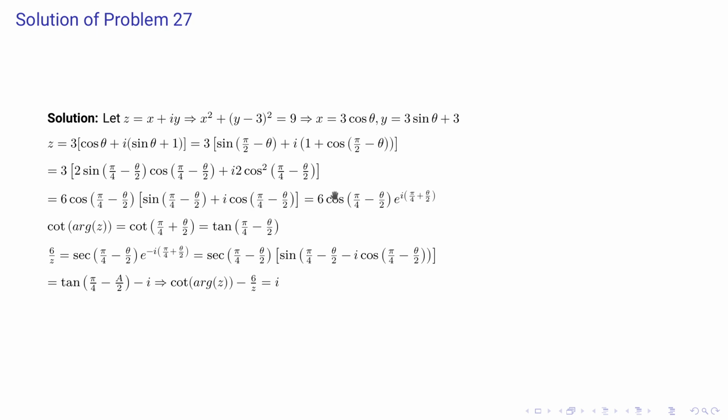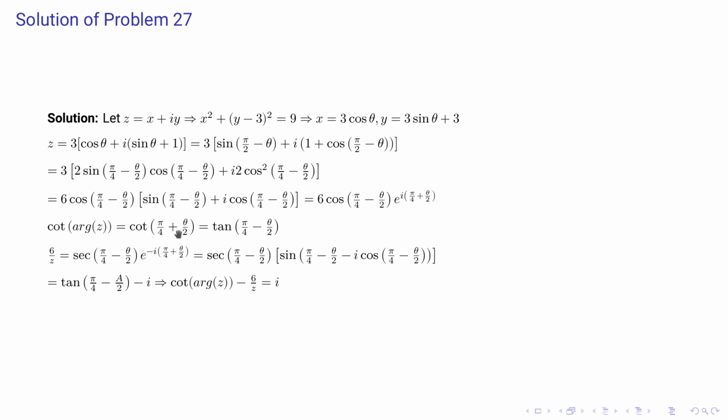So the whole thing becomes 6 cos(pi by 4 minus theta by 2) e to the power i multiplied with (pi by 4 plus theta by 2). This is the Euler's form. Once we have this, we can write cot of arg of z is equal to cot of (pi by 4 plus theta by 2). Here the argument is pi by 4 plus theta by 2. So this equivalently can be written as tan(pi by 4 minus theta by 2).